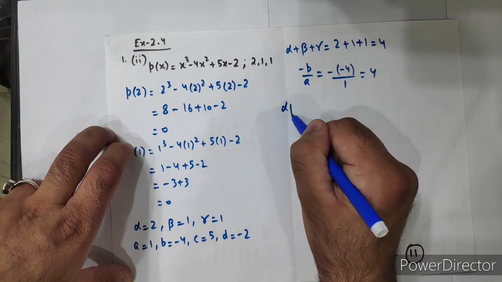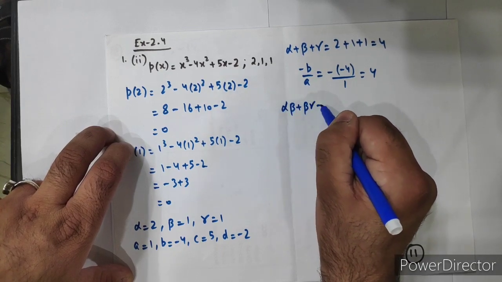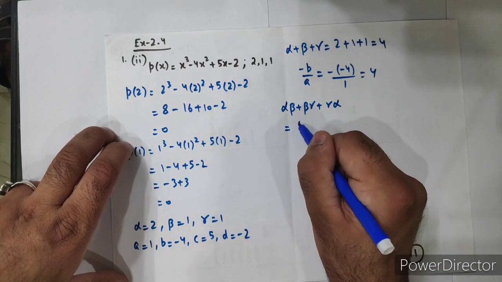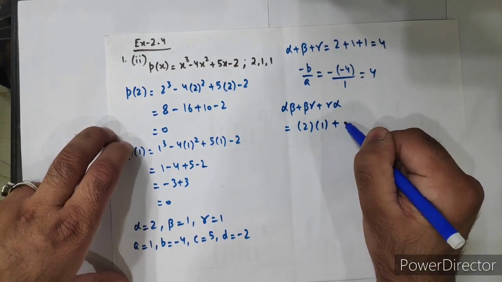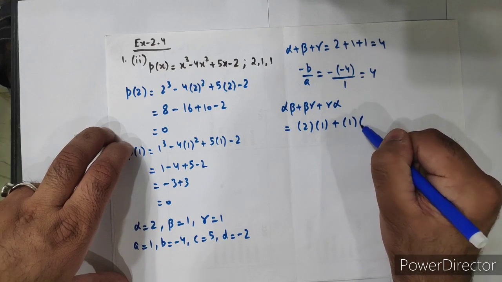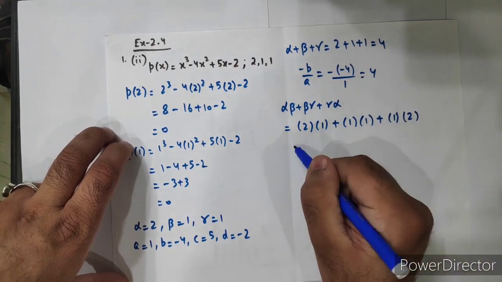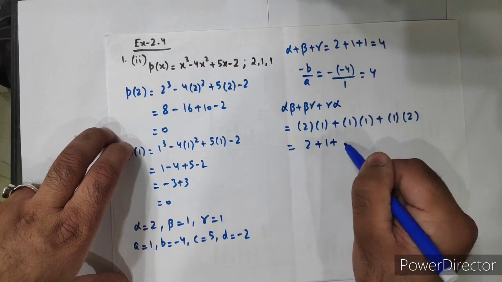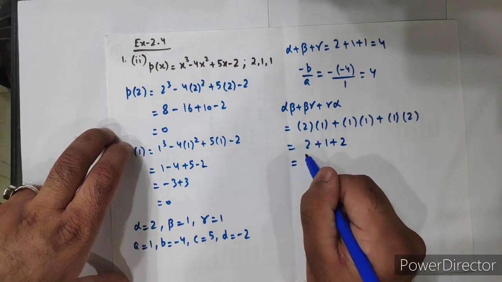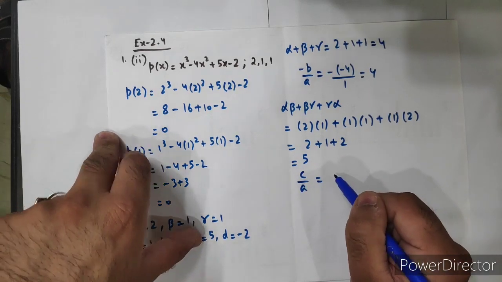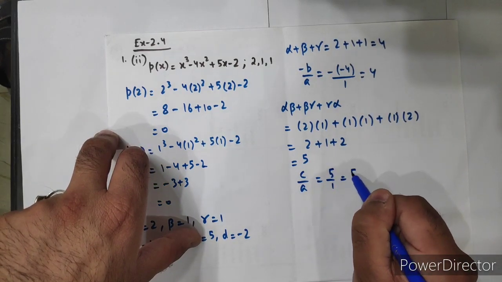Next we have alpha beta plus beta gamma plus gamma alpha. So alpha is 2, beta is 1, gamma is 1: 2 into 1 plus 1 into 1 plus 1 into 2. It is coming out to be 2 plus 1 plus 2, which is 5. And what is c upon a? c is 5, so 5 upon 1 is also 5.